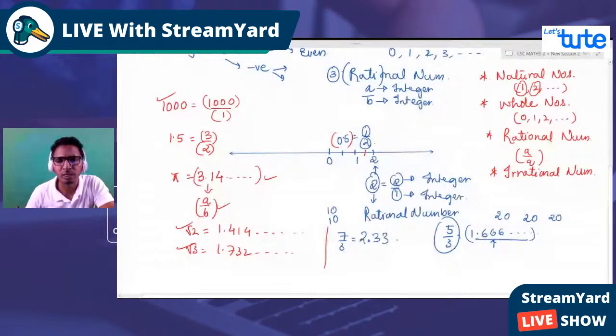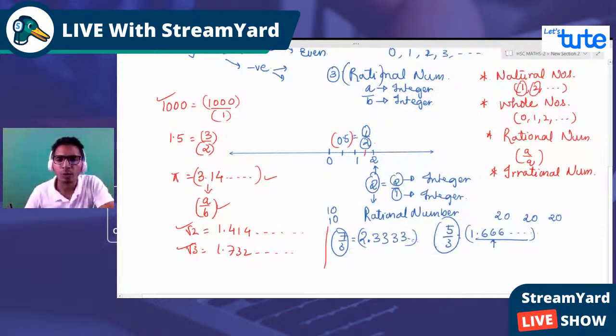In this way you will keep on getting 3. So in this case also it is never ending, it's going on. We will get this digit 3 continuously, but still we are able to write this in the form of a fraction of two integers. So what do we understand?